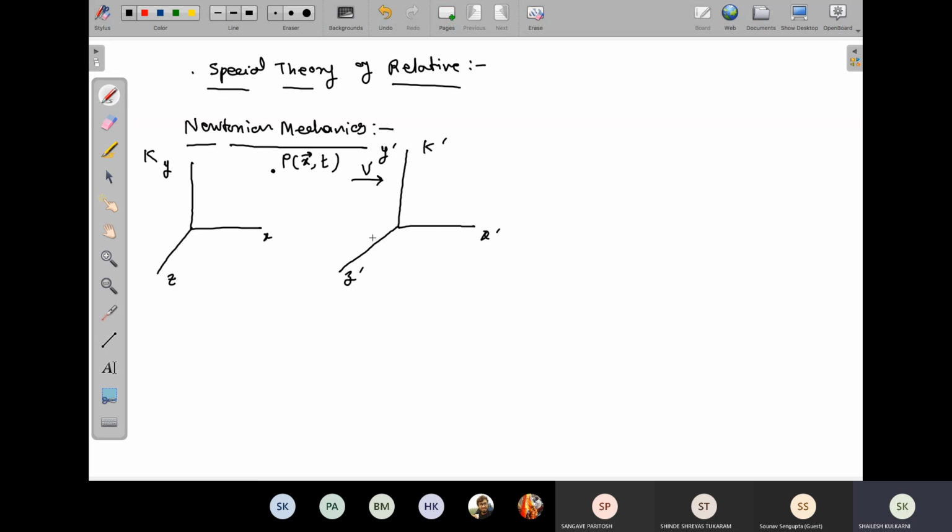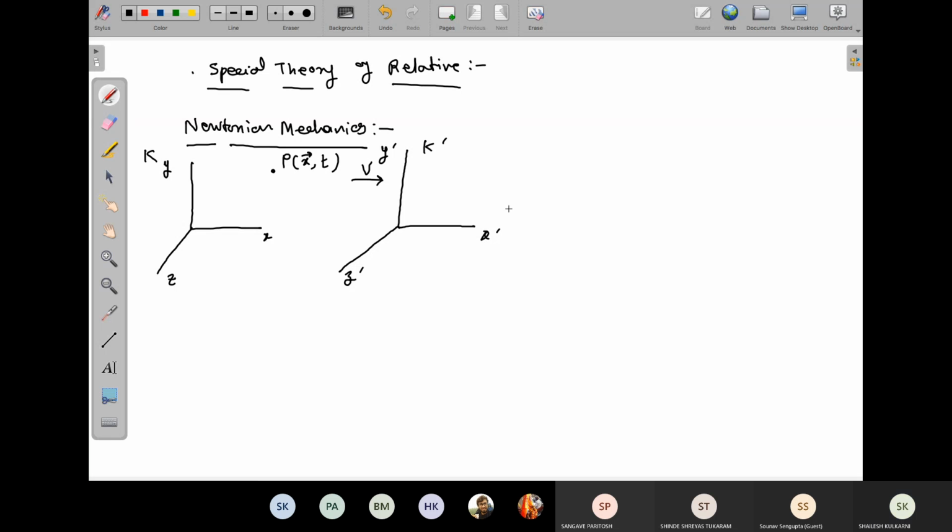All the axes are aligned with each other. The axes of frame K and frame K prime are parallel with each other. That means the y-axis is parallel with y in K prime and so on. And this K prime frame is moving with velocity v along the x-axis, that is along the x prime axis also, because x and x prime are aligned.